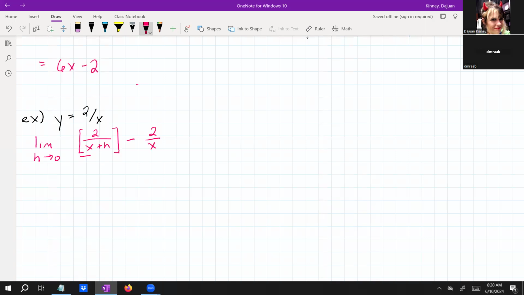So I'm just going to write this out. This looks a little scary, and it is at first. The big thing I'm going to do is get a common denominator and get rid of that h on the bottom. So on the top, I'm going to multiply this guy by x plus h.